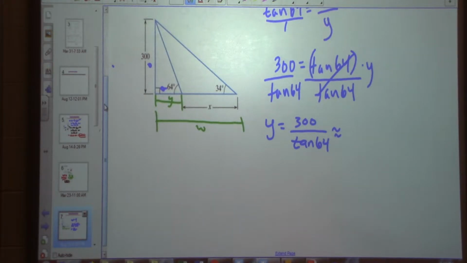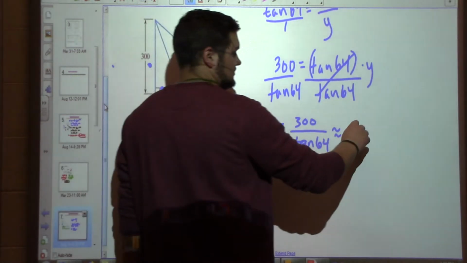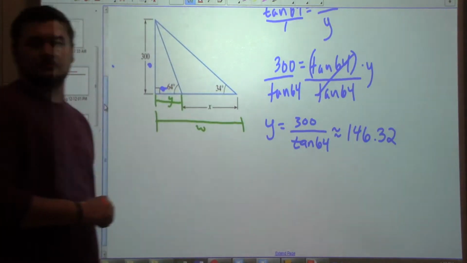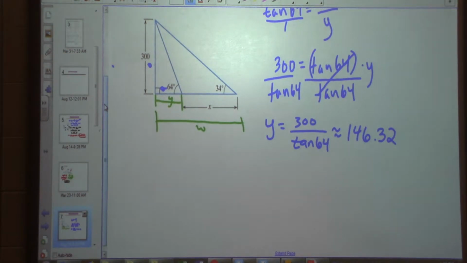No one did it in their calculator? What was it, Grace? 146.32. Is that what everyone else got? Yes? Okay. Alright, so we found the smaller portion.